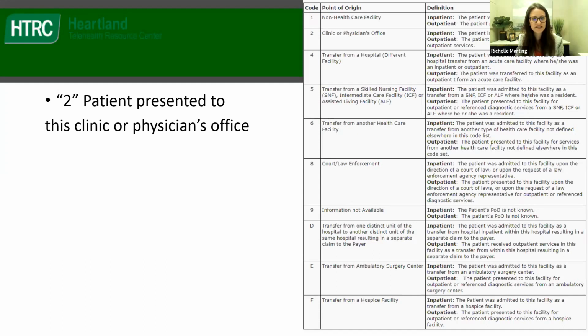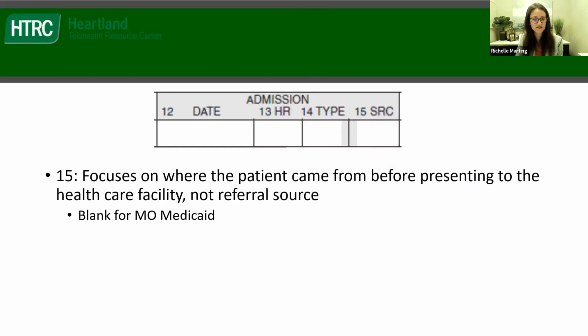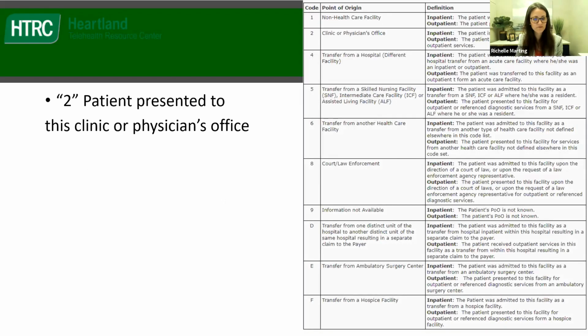So if the patient presented to this facility for outpatient services, which is probably the most common example for RHCs and FQHCs, that field 15 is probably going to have a 2 in it more often than not. And again, that's going to go right here in this field 15 of the claim form. But you can see there's lots of different options. This is just an excerpt of some of the most common ones from Medicare's manual of examples for RHCs and FQHCs that you may put in that field.